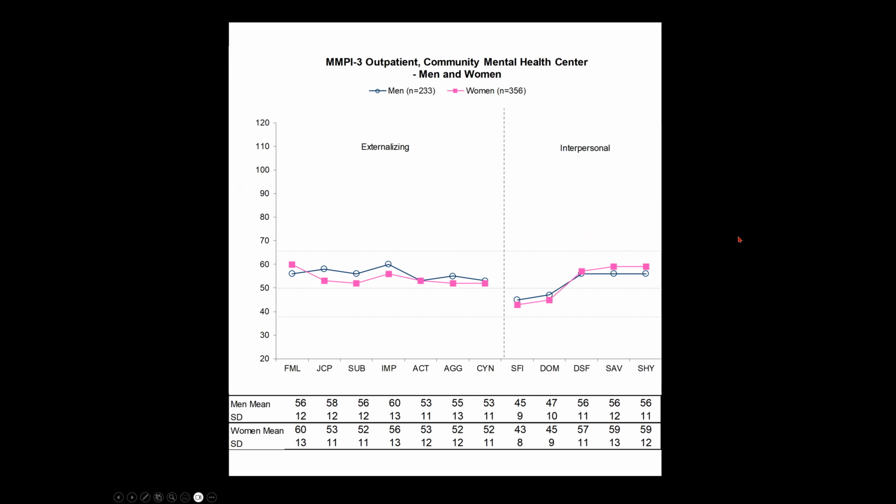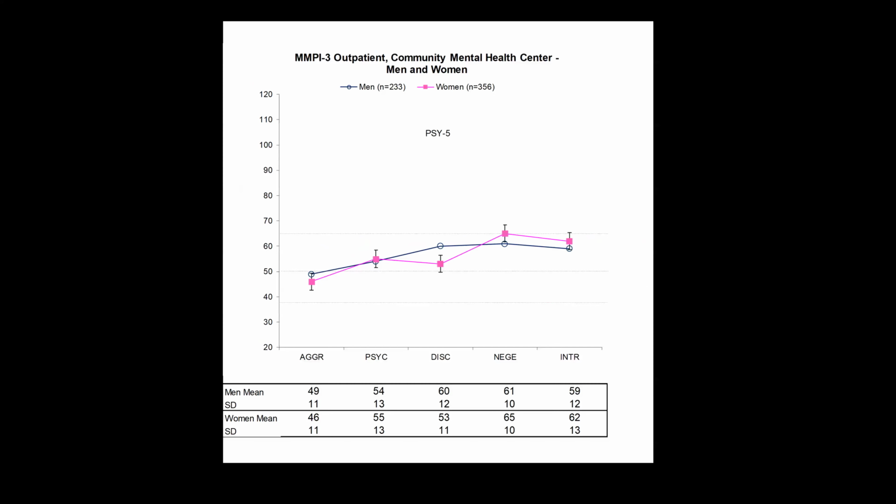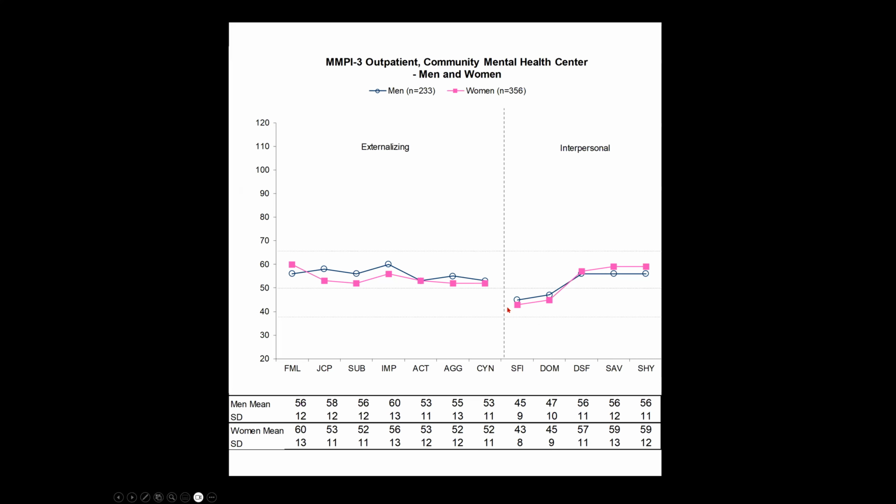On the externalizing scales, nothing in particular stands out for the mental health outpatients. Clearly, this is a sample where we're going to see more elevations and variability in the internalizing than in the externalizing domain.